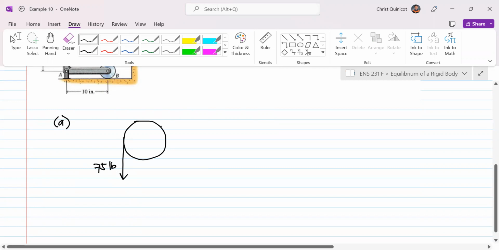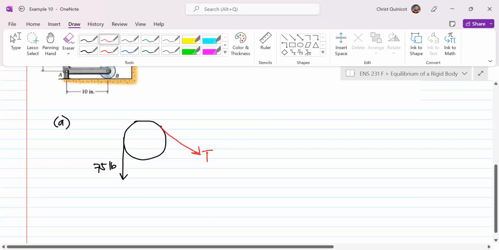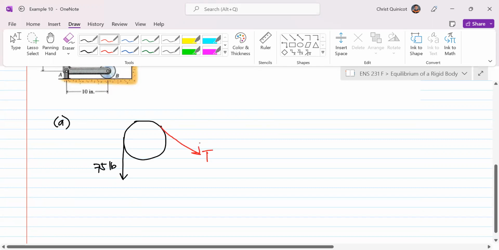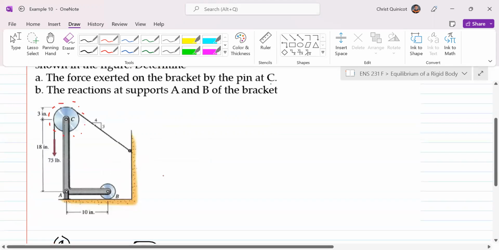At a certain angle here as well, we have our tension, right? And the ratio is provided, that is 4:3. So 4 here and then 3. So it means this part here is 5. It's a 3, 4, 5 triangle.